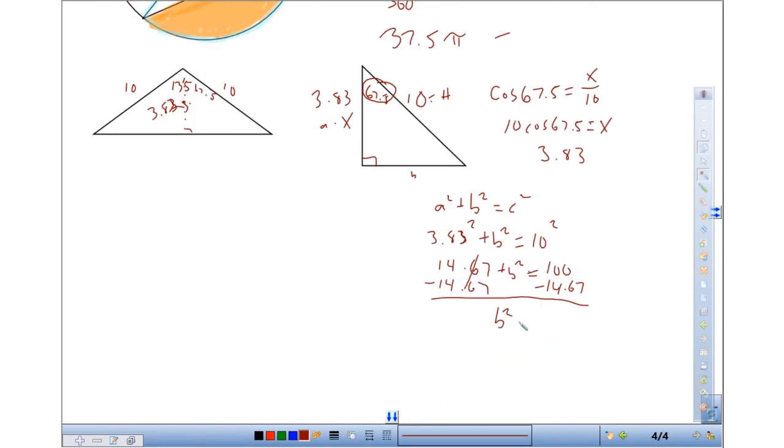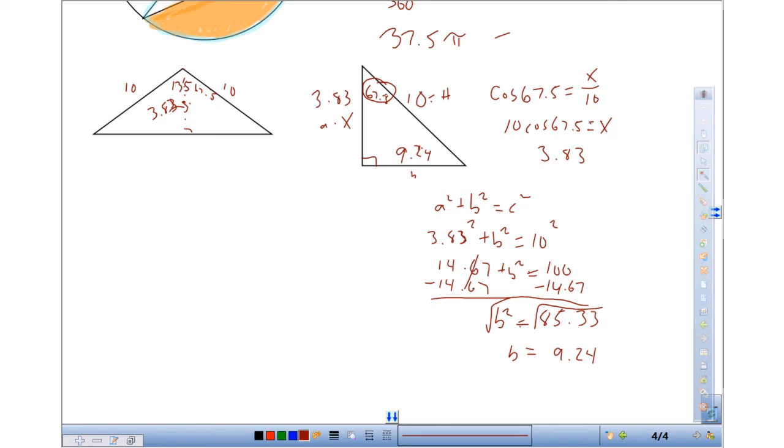So b squared is equal to 100 minus 14.67, which is 85.33. Then I have to square root both sides. So when I square root 85.33, I get b being equal to 9.24. And so that would be my half of my base, right? So 9.24.